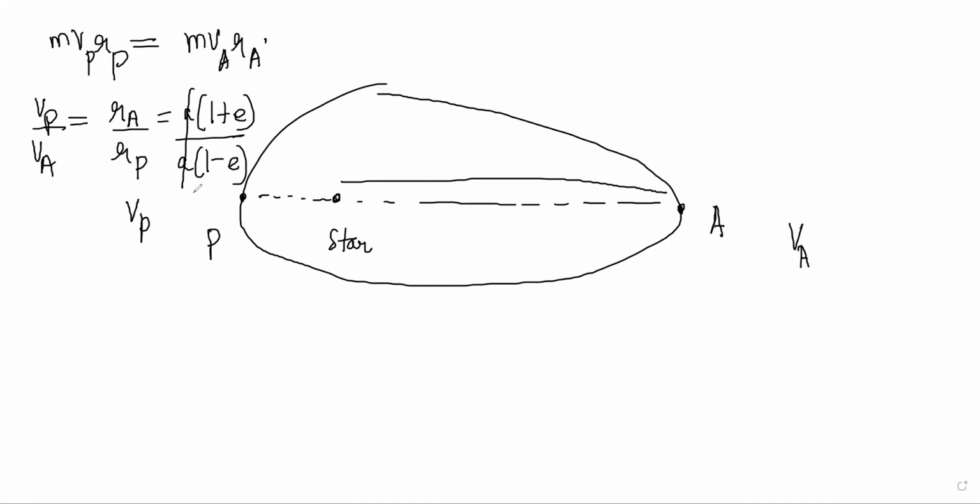It may be a printing mistake or something. Let's check it once more. The point where it is farthest, yeah. There is no mistake here. Vp and Va will be in this ratio. Angular momentum conservation is the right thing to do. Yeah, this is correct.